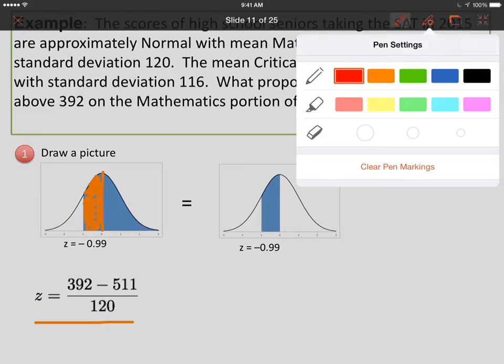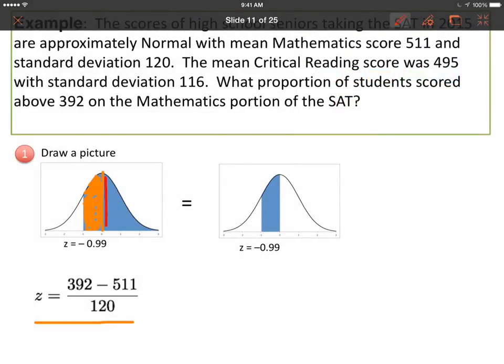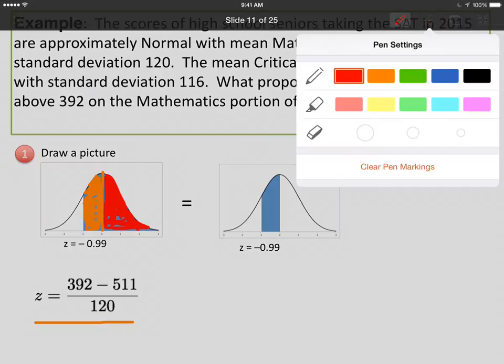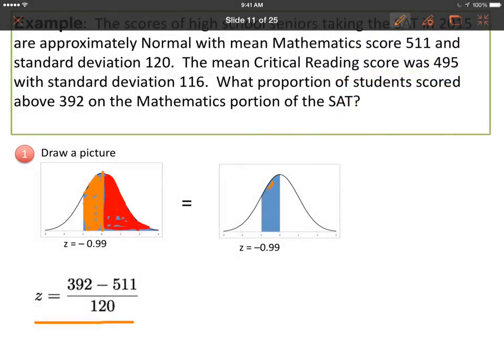And the area between the mean and everything to the right. So that's two areas that I'm looking for. The orange one, let's go back to orange, is this first area that I'm going to find in the table. And I need to add it to the red.